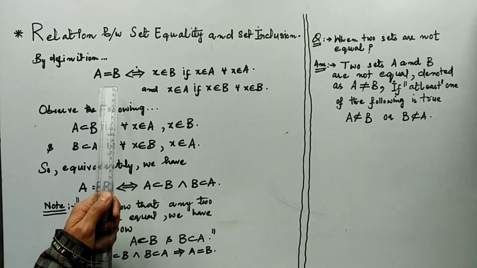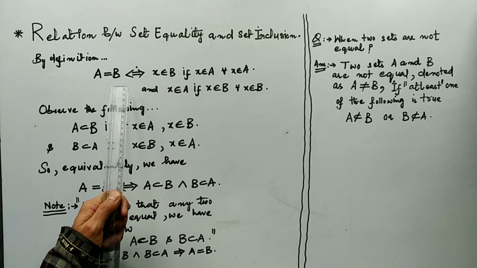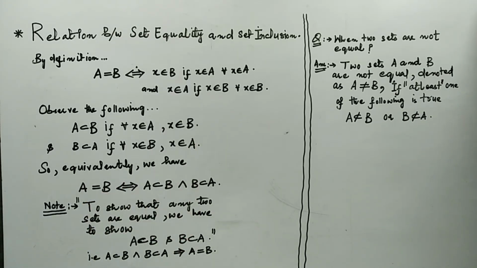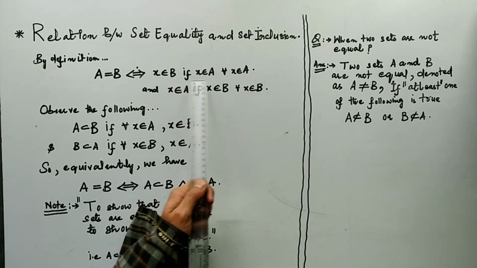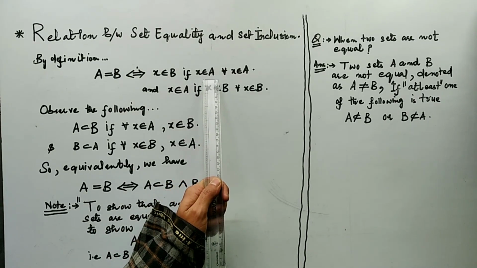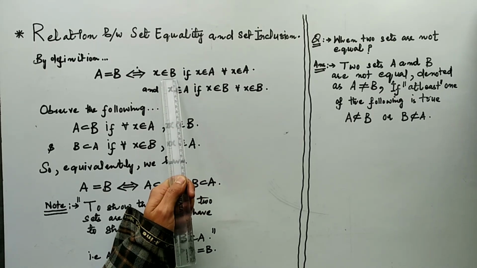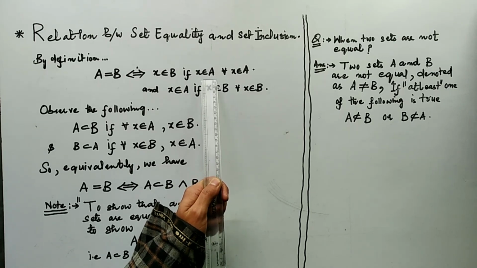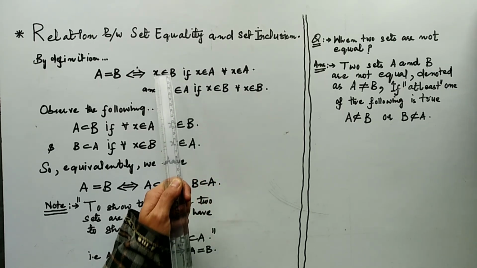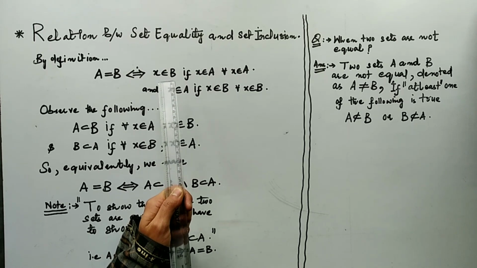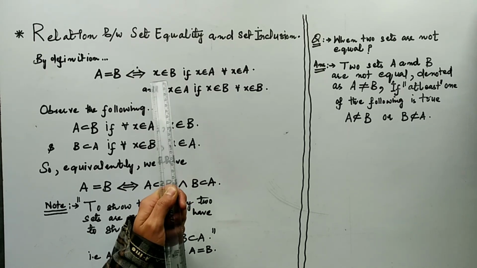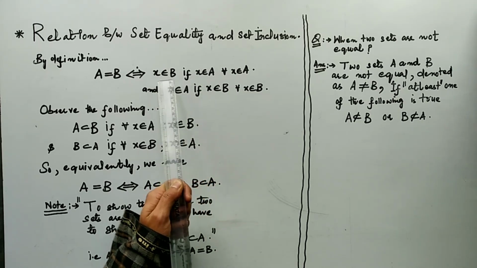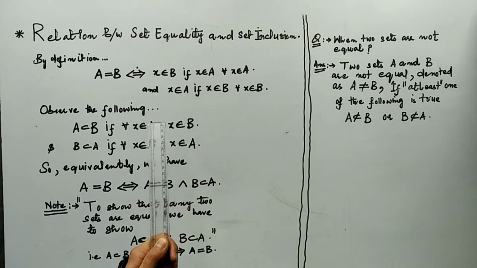Now, by definition, set A is equal to the set B if and only if this thing happens. If you observe, this thing tells me that every element of A is also an element of B. In other words, every element which is present in the set A is also present in the set B. If you recall the definition of subset, this condition coincides with the definition of subset.